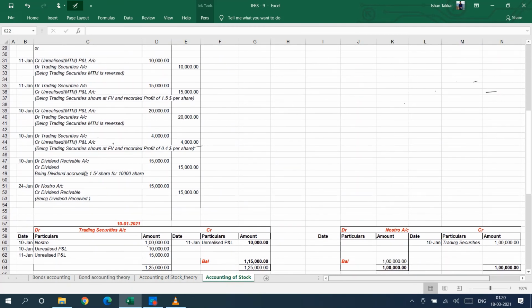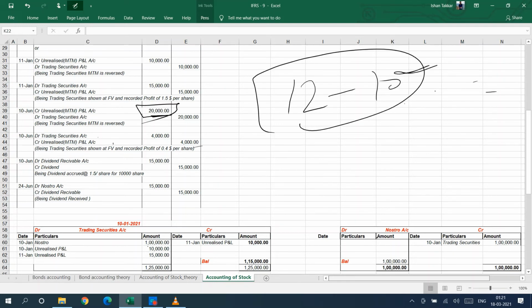On that prior date, you have the asset of 20,000, that is 12 minus 10. You purchased a share for $10 and the price increased to 12, so you must be showing your MTM asset, that is trading security, by 2 into 10,000, that is 20,000.